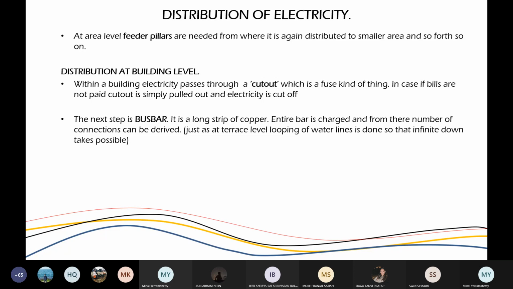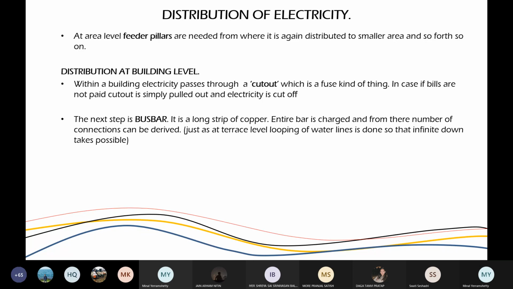What we used to do in a building for the water level, what did we do? We supply water from the UG? No, right? We supply from the OHT. So on the OHT, what did we do? We used to do something called, I have even written it, just at a terrace level, looping of the water line is done, right?